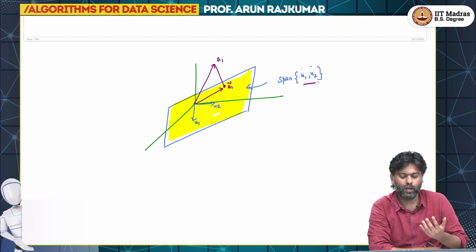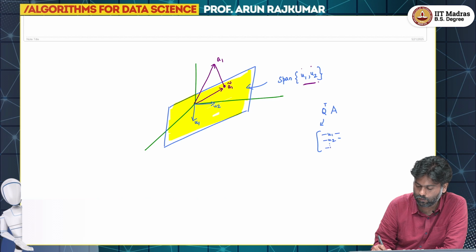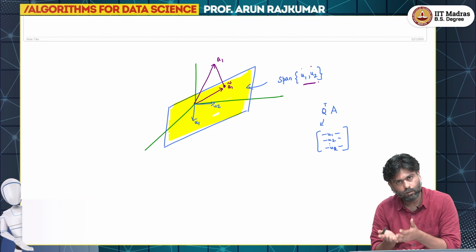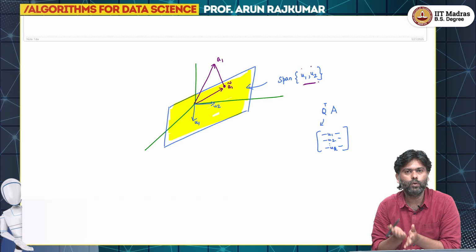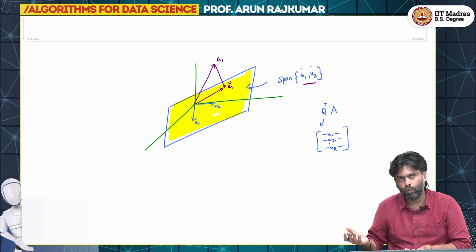In other words, when we started with A and then did Q transpose A, I initially assumed Q itself was U1 to UK. So Q transpose was just U1 to UK. If it is U1 to UK, then things happen very smoothly, but we don't have U1 to UK.